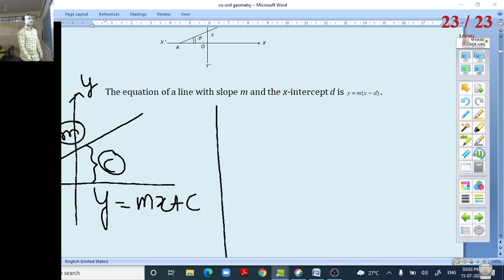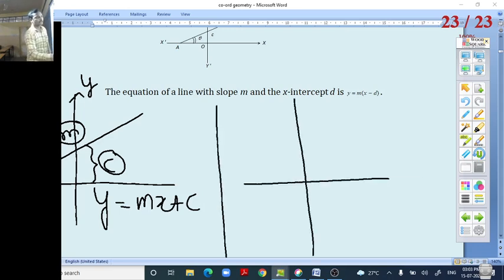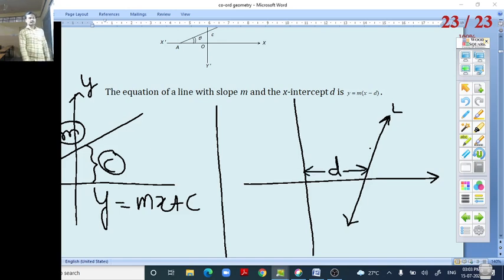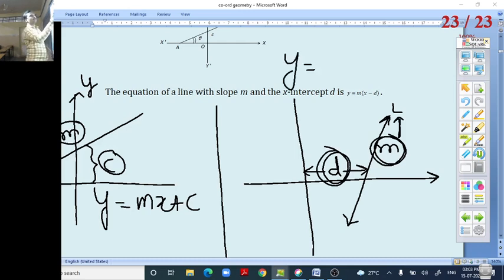What happens if the same line cuts the x-axis? If this line L crosses the x-axis at the distance d, whenever the x-intercept of a line is given and the slope m is given, the required equation of the line is y equals m into x minus d.